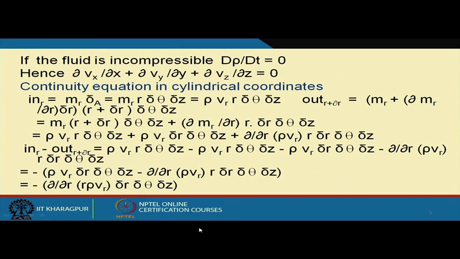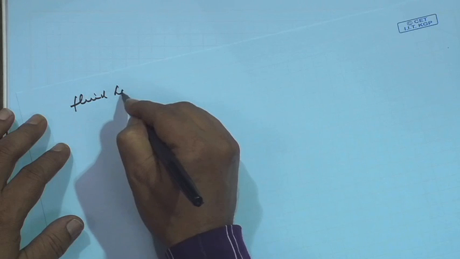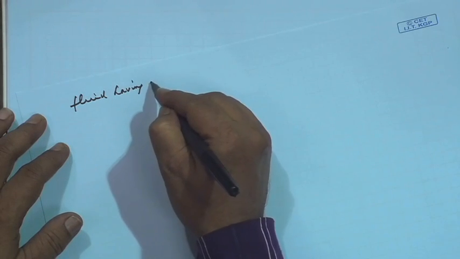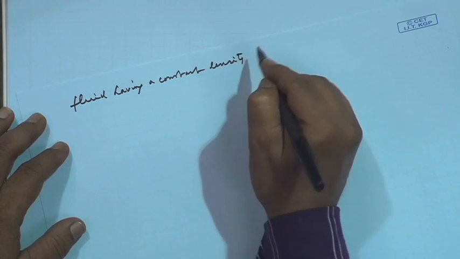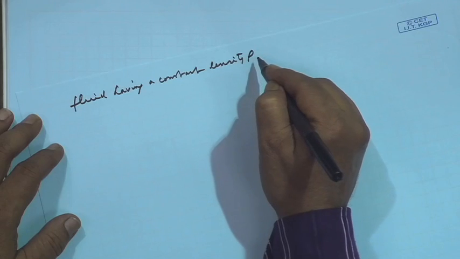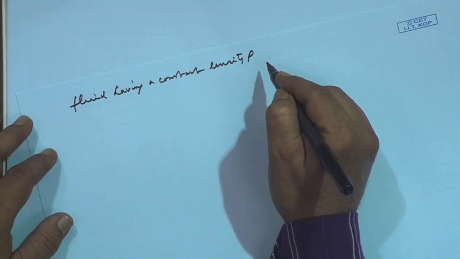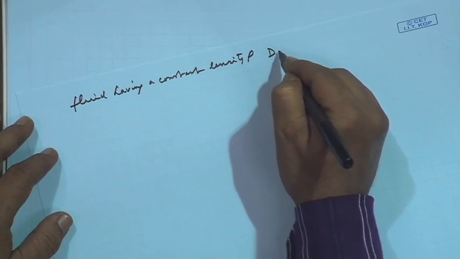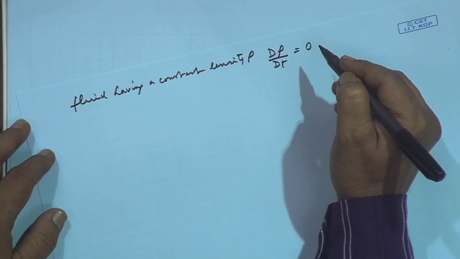Now if we assume that the fluid has constant density, that is, ρ is independent of time and position, then ρ is constant, and under that situation the substantial time derivative Dρ/Dt is equal to 0.